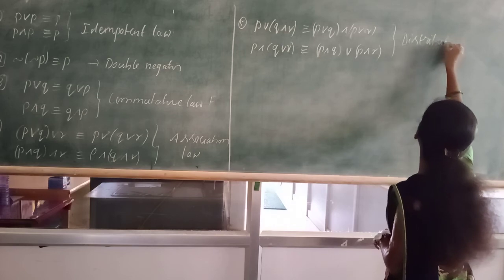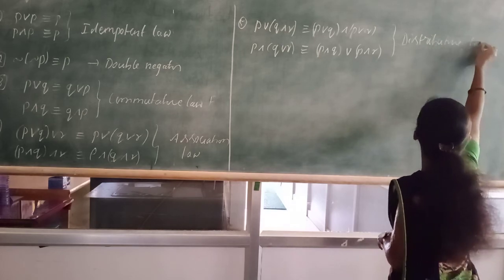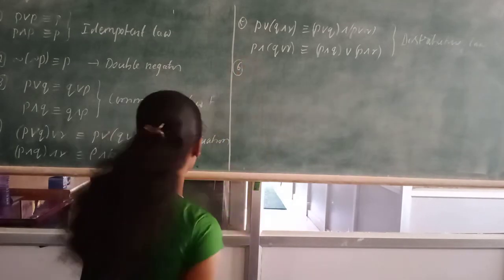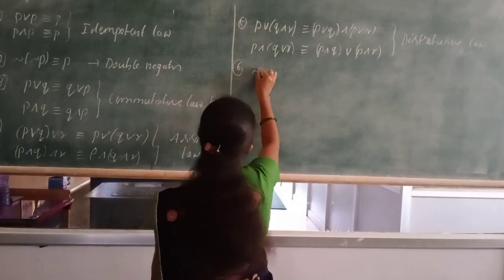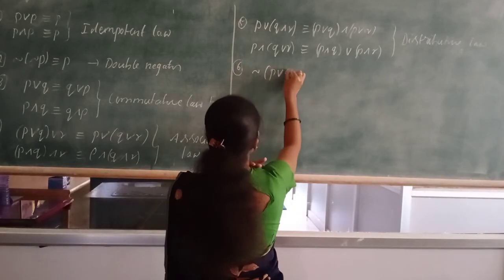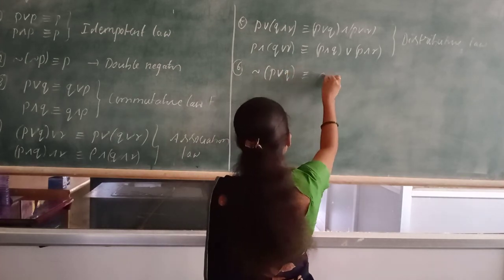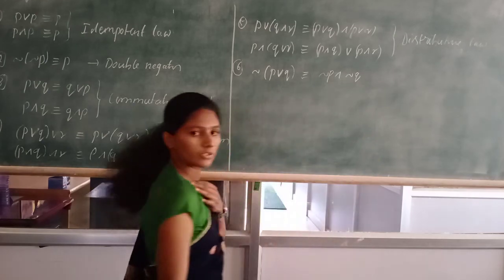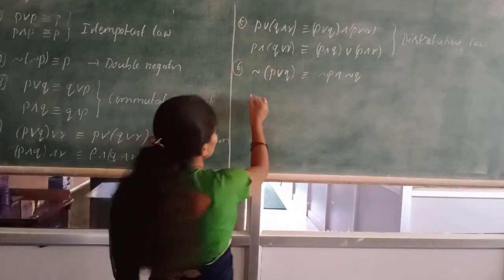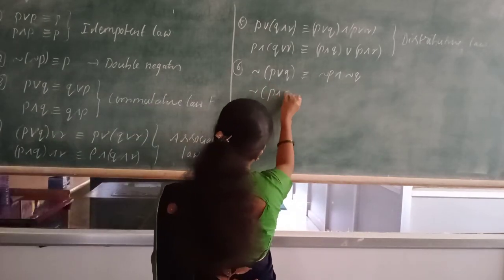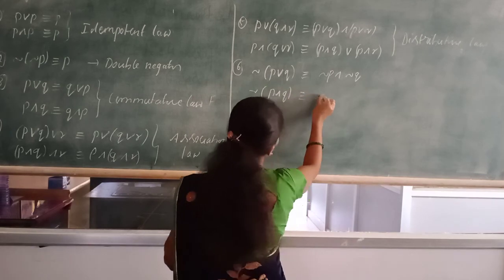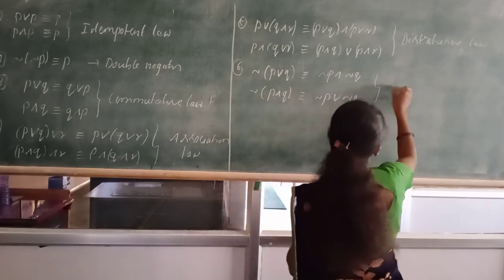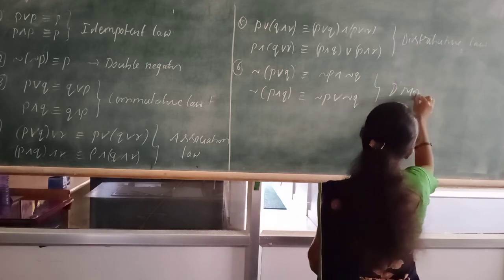Distributive law. Next, the sixth one, De Morgan's law. Negation of (P and Q) is equivalent to negation of P or negation of Q. Negation of (P or Q) is equivalent to negation of P and negation of Q. De Morgan's law.